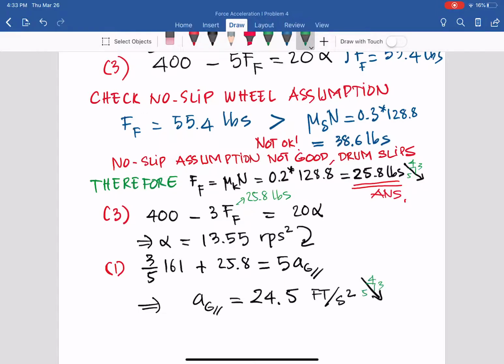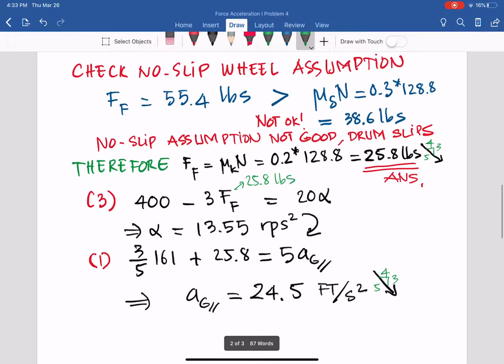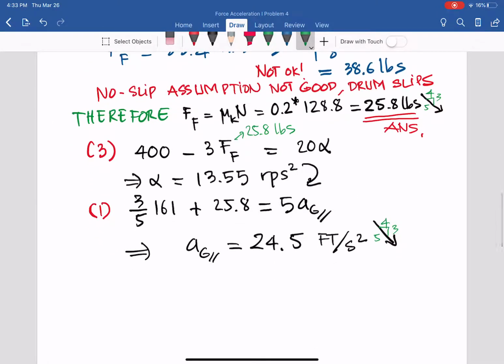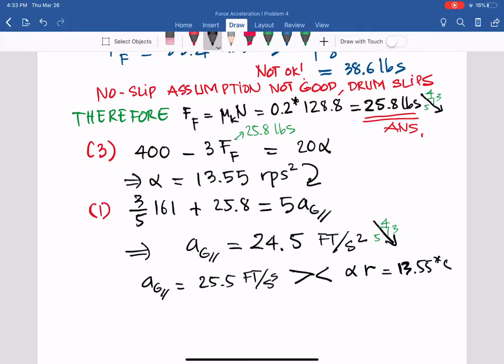And as you can see, they are not the same. They are not the same because of slipping. As you can see, a_G parallel equal to 24.5 feet per second square is not the same as alpha R, which is 13.55 times 5.